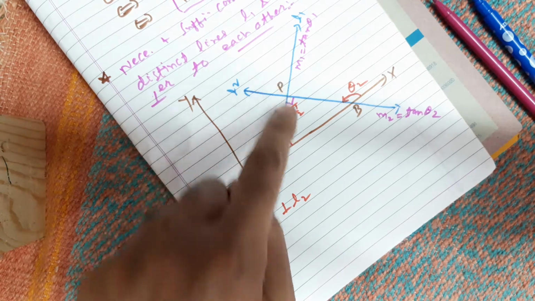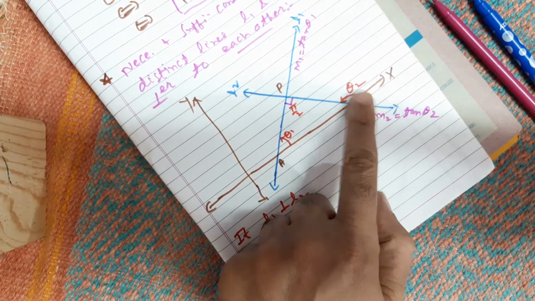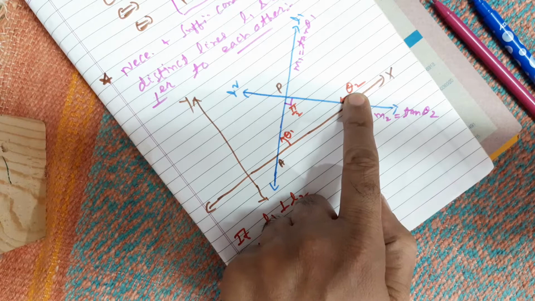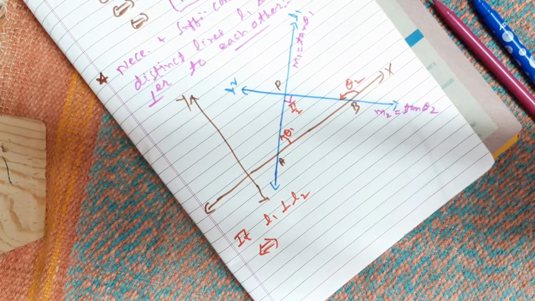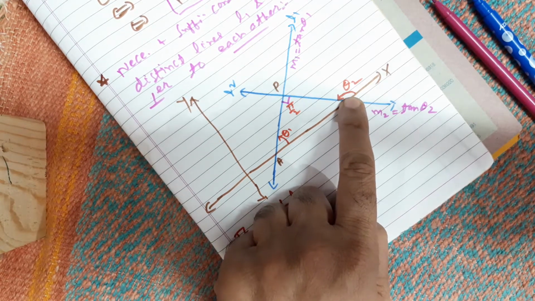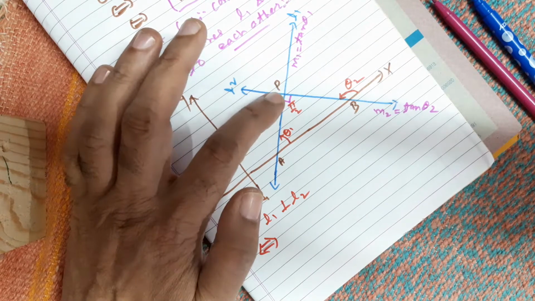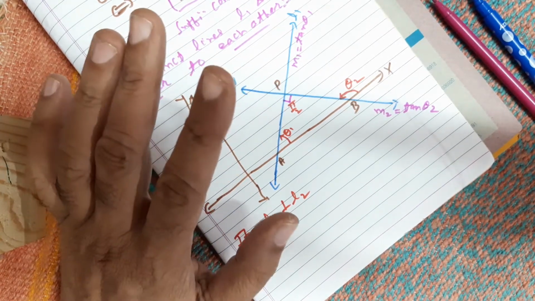Now see that there is a triangle PAB and theta 2 is an exterior angle. It is not interior but exterior. Now the result is like this, that the measure of the exterior angle of any triangle is equal to the sum of its interior opposite angles always.